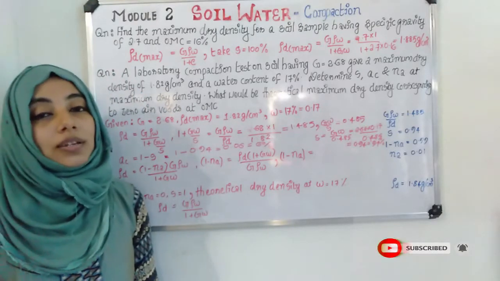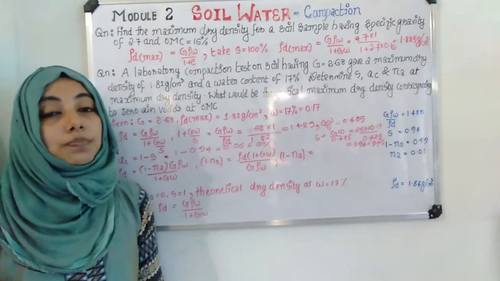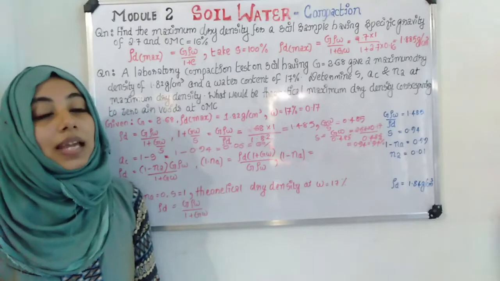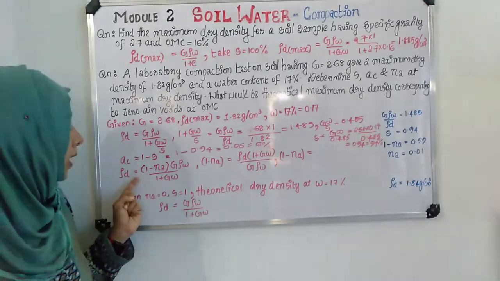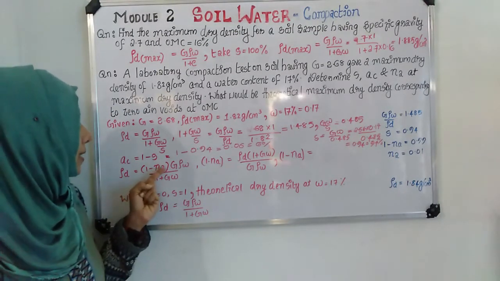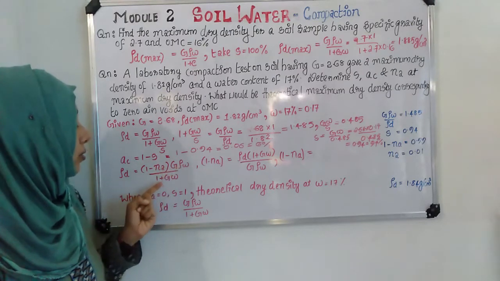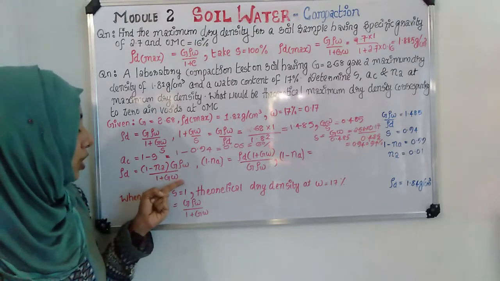Then we have to find Na, that is percentage air voids. We have the expression rho d is equal to 1 minus Na into G rho W divided by 1 plus GW.